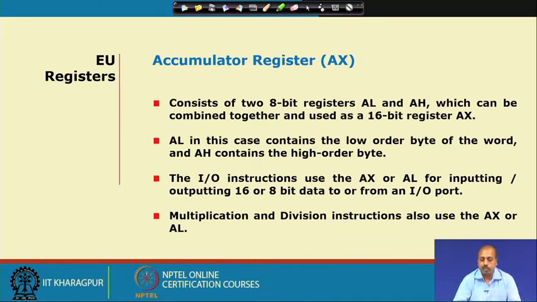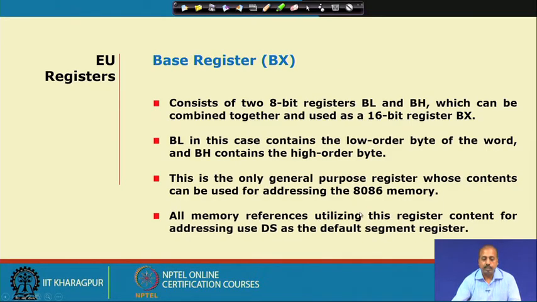AL contains the low order byte of the word and AH contains the higher order byte. The IO instructions use AH or AL for inputting or outputting 16- or 8-bit data to or from an IO port. Multiplication and division instructions also use either AX or AL.